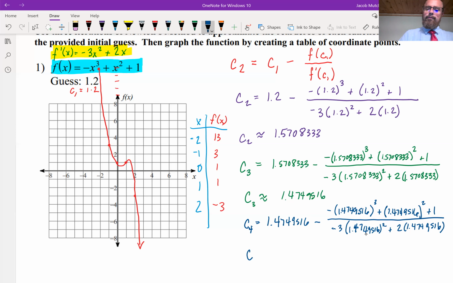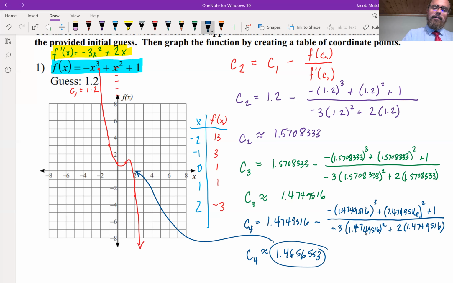So C sub 4, we had found the approximation 1.465655, and that was awfully close to the value that was actually given by the calculator for the x-intercept.